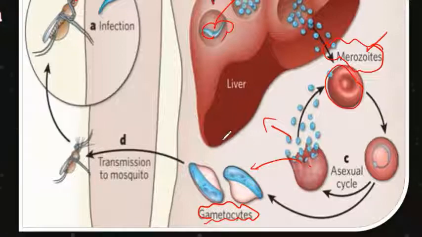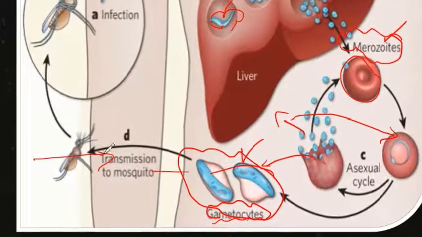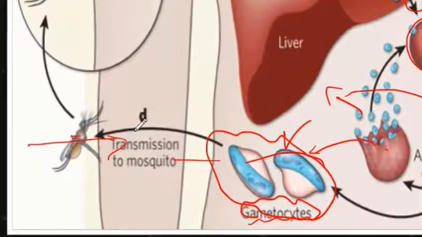This person is infected because he has these gametocytes. And these merozoites will attack other red blood cells to complete the cycle, to produce more gametocytes. Now another mosquito, which does not have the disease, will come to suck blood from this person who is sick. Now he will take what? The gametocytes. The circle will happen again.